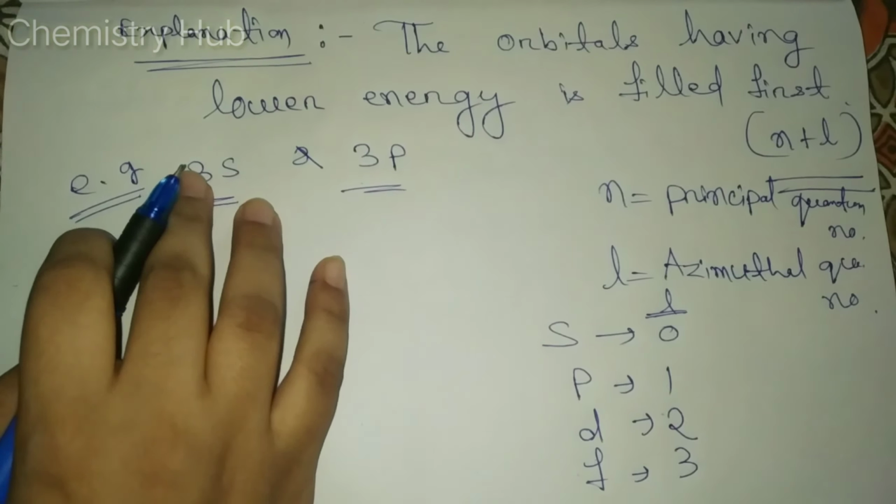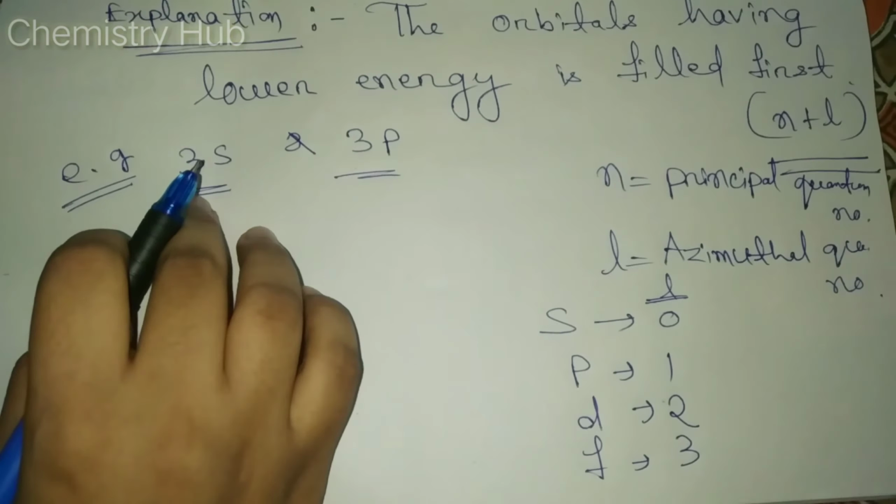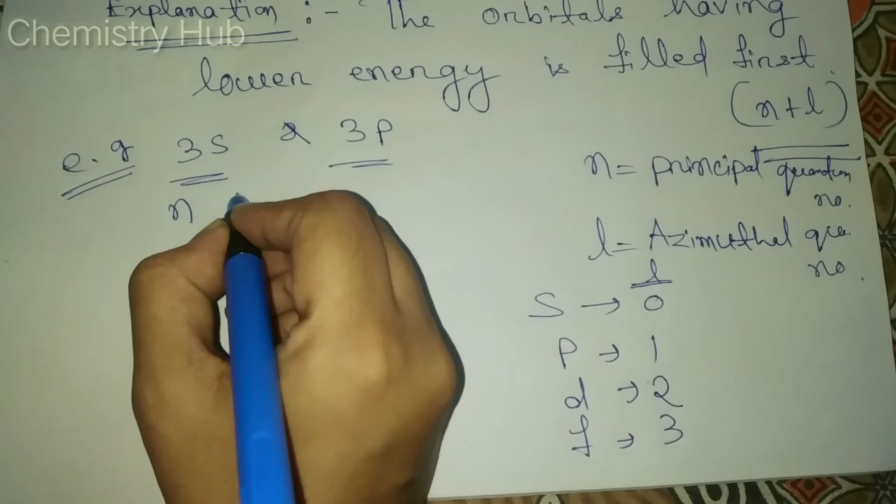So here first let us consider 3s. Here you can see this 3 is the n. That means here the principal quantum number is 3. What is the value of l for s? It is 0.